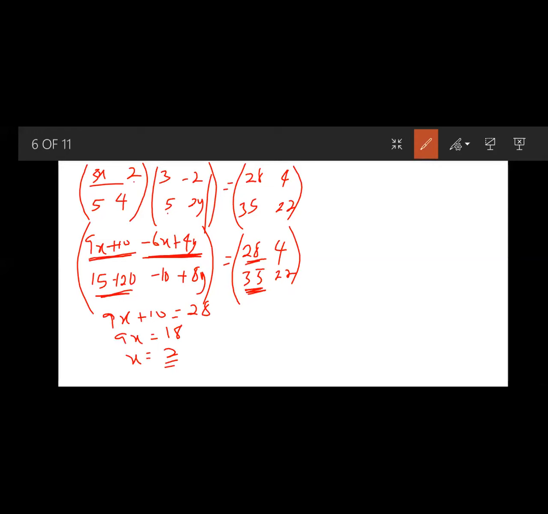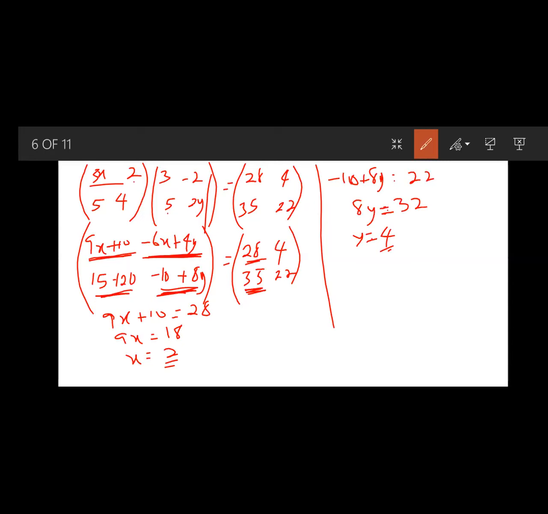So you can also come to this one. It's very easy to get. Minus 10 plus 8y equals 22. So 8y will be equal to 22 plus 10, it becomes 32. Divide both sides by 8, y equals 4.